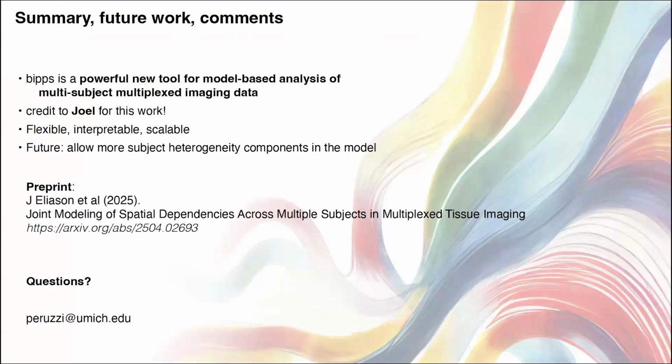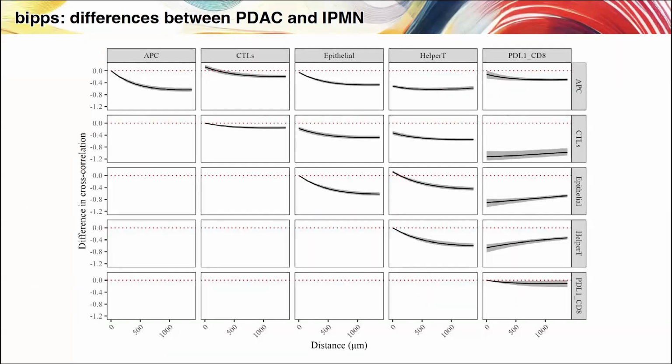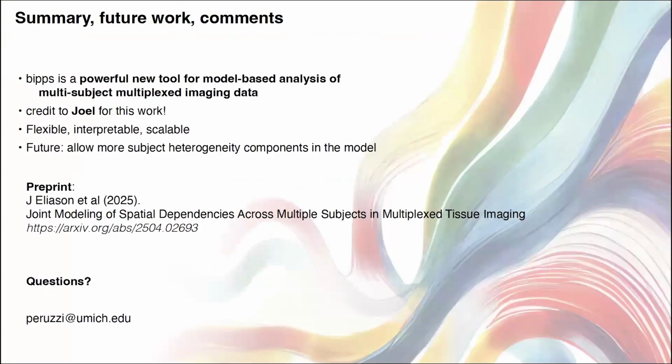So, some future work. First of all, I need to credit Joel. Joel is responsible for completing this whole article that you can find here, with more information about this simulation setup and everything. He was really great to work with.